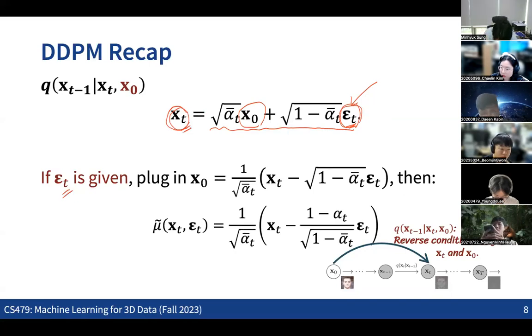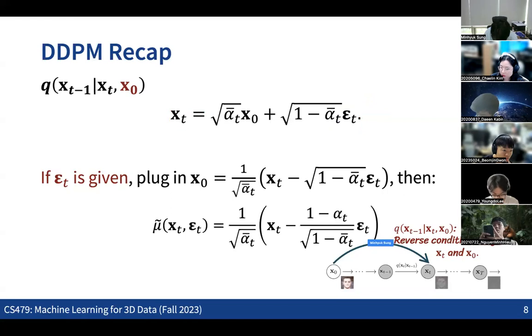Then from xt, we can reversely calculate the x0 from both the xt and the epsilon t, and then the mean of this distribution can be defined as a function of the xt and the epsilon t.